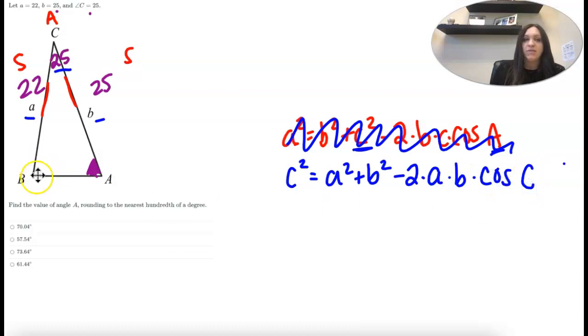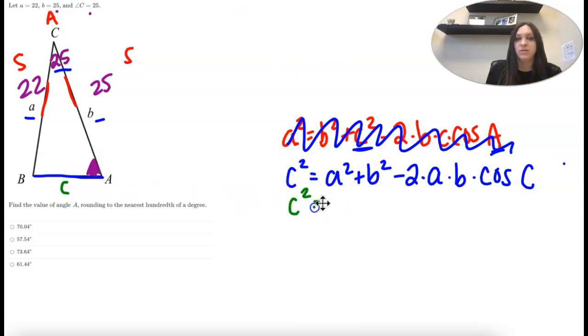And then once we have this side, we can use Law of Sines to find angle A. So sometimes when you think you know the formula, make sure there's just one missing variable. That's the trick. Okay, so c squared is what we don't know.